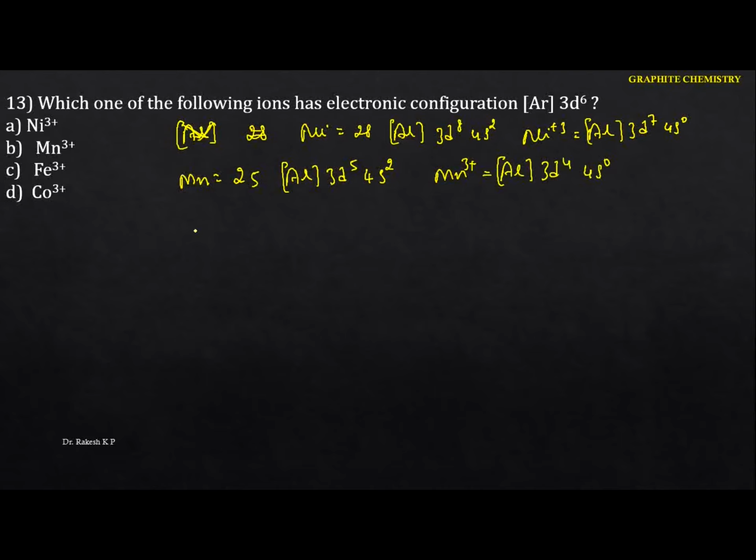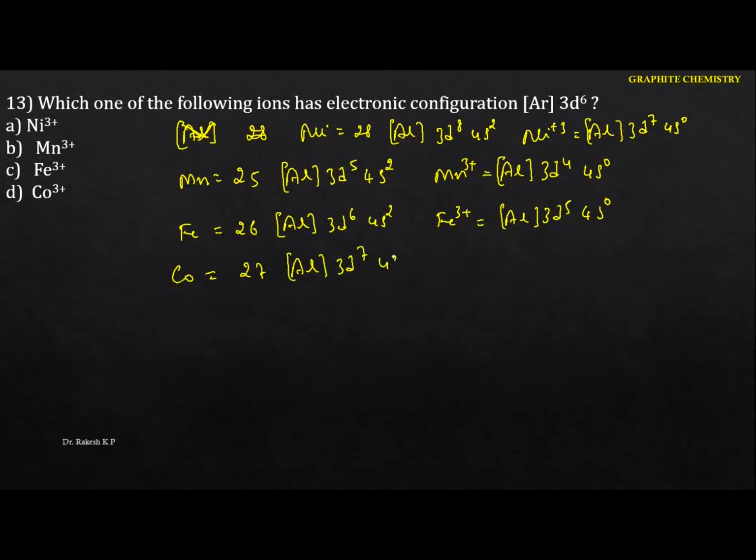Next, for Fe3+, the atomic number of Fe is 26. Its electronic configuration is argon 3d6 4s2. If you write the configuration for Fe3+, we get argon 3d5 4s0. Now the last one, cobalt, atomic number 27. Its configuration is argon 3d7 4s2.